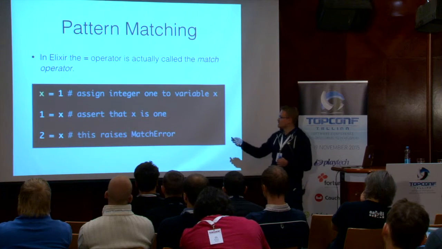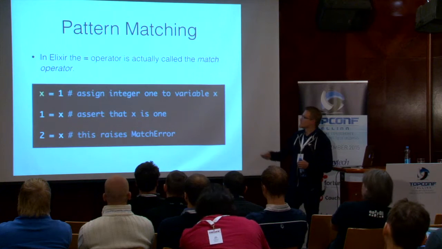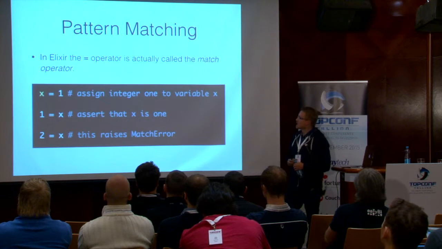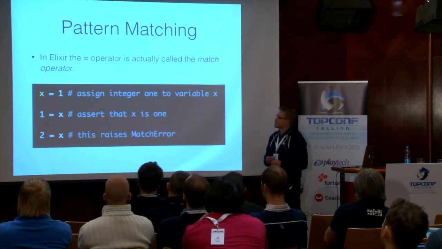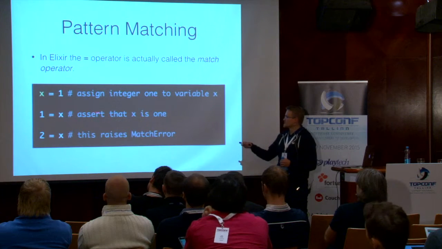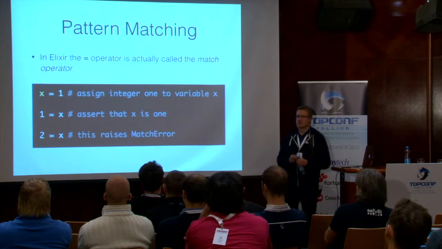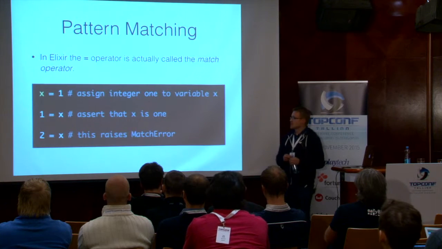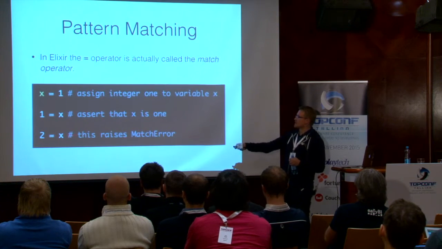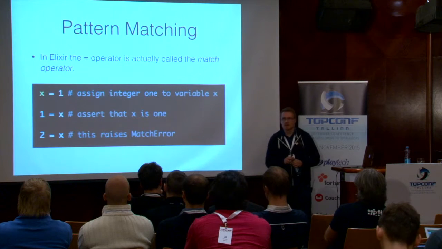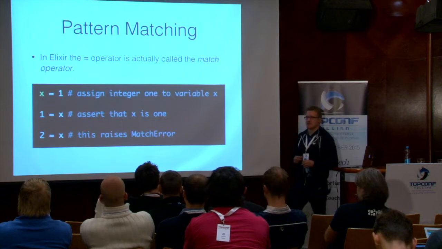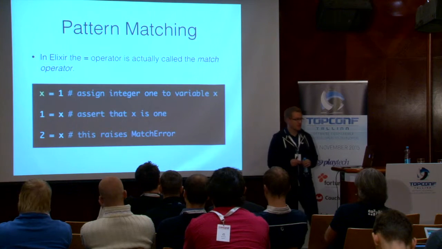So on the first line here, it's basic variable assignment. We assign integer 1 into variable x. On the next line, that is basically an assertion that x is 1. If x is anything other than 1, it raises a match error. So this is the simplest form of pattern matching in Elixir.